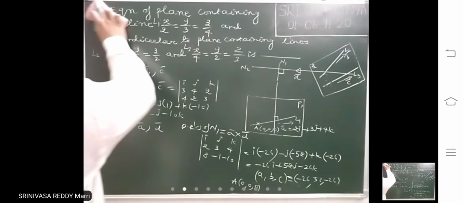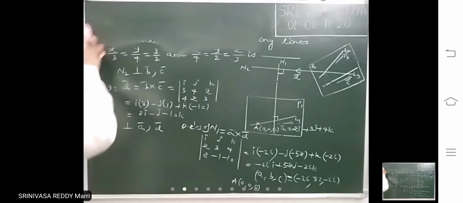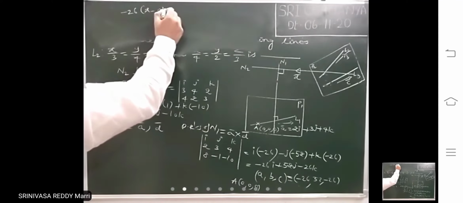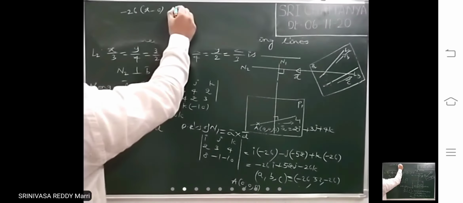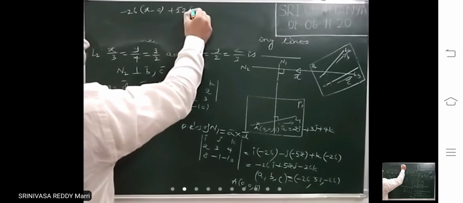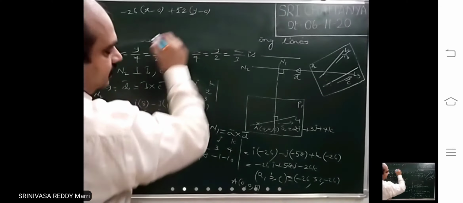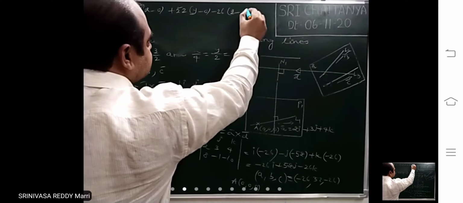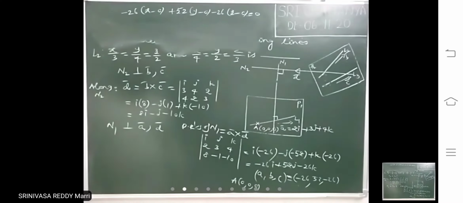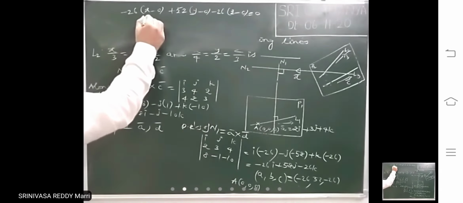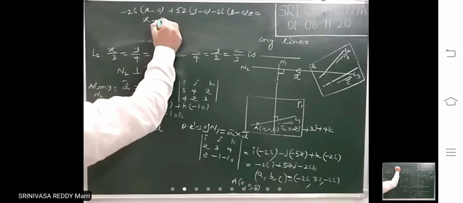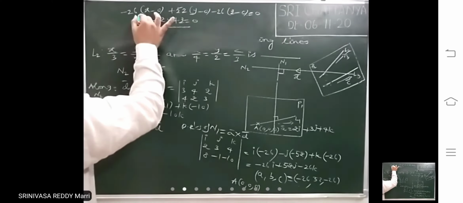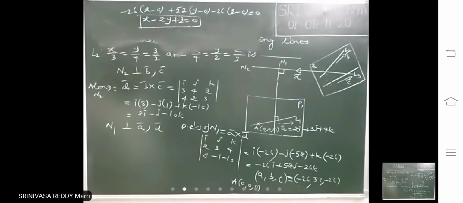So therefore our required equation of the plane is nothing but A into, that means minus 26 into x minus 0, plus 52 into y minus 0, minus 26 into z minus 0 equal to 0. You take minus 26 common, so x minus 2y plus z equal to 0. This is the required equation of the plane.